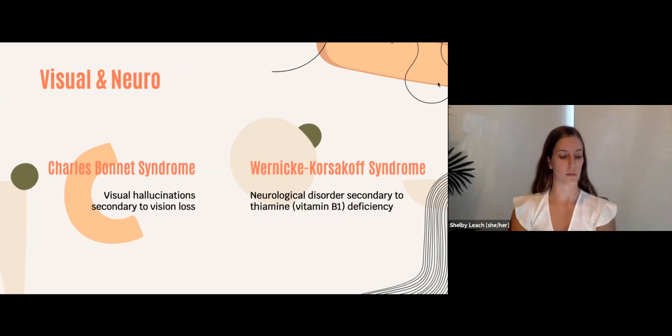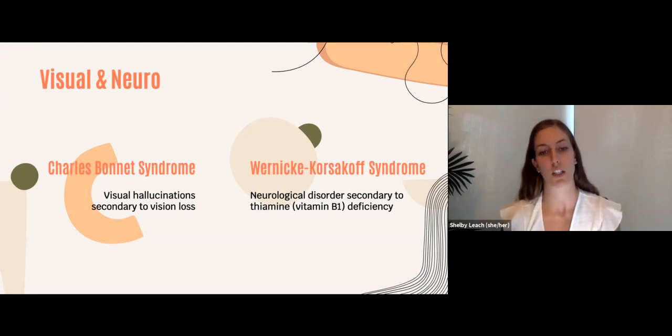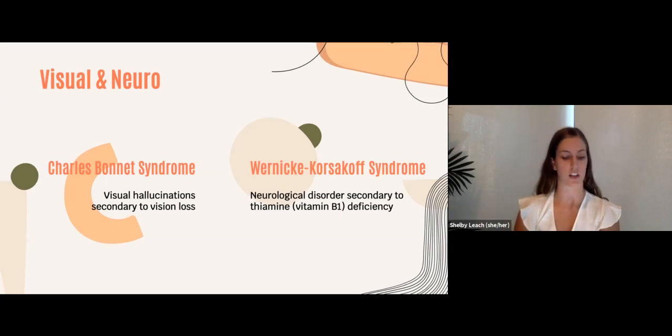And our last little page, a summary of ocular conditions, talking about Charles-Bonnet syndrome. So Charles-Bonnet is visual hallucination secondary to vision loss. The risks are higher if your patients are more than 64 years old, socially isolated, have lower cognitive functioning, a history of stroke, poor lighting, and worse bilateral visual acuity.